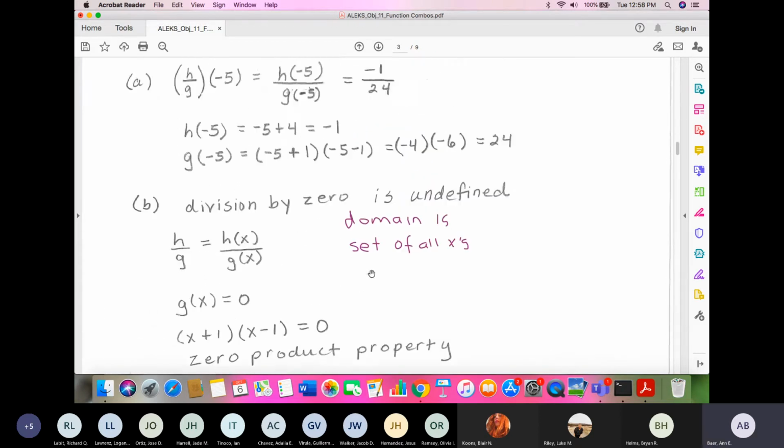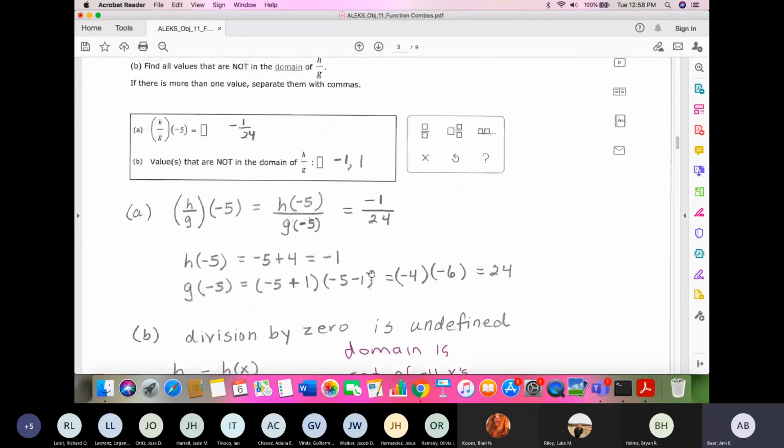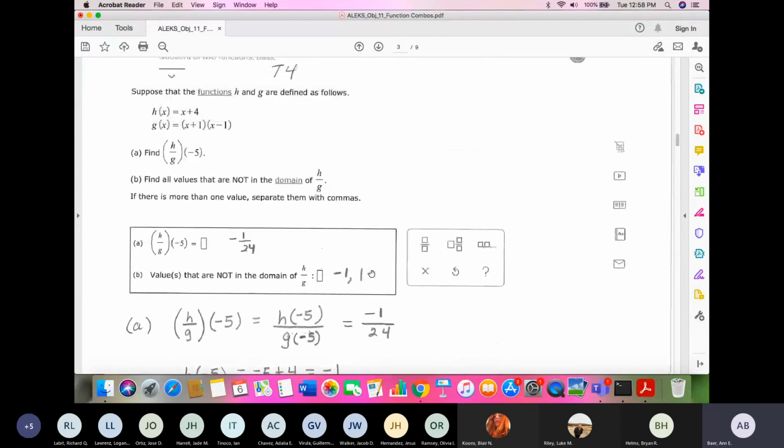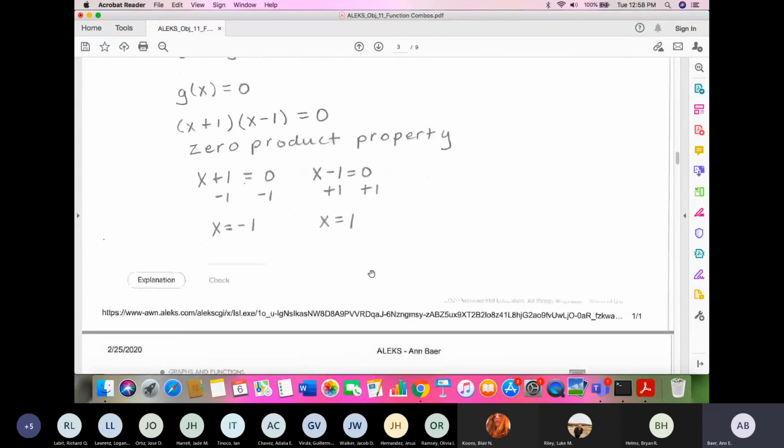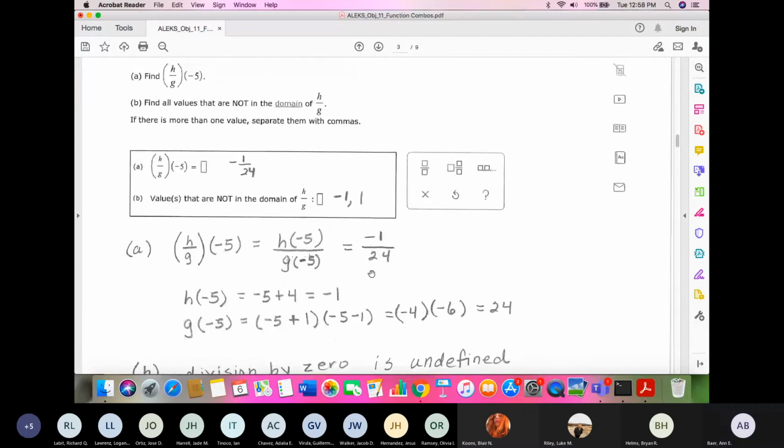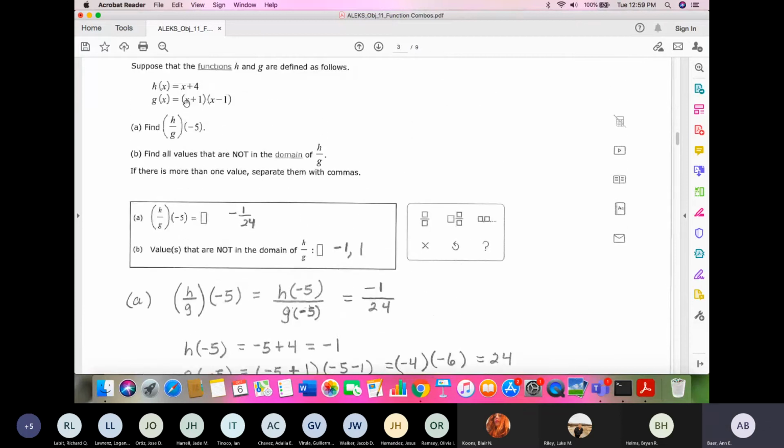Now, it's probably a very good idea that you go back and check this. We got x equals -1 first. What if I check -1 in the g function up here? Will that entire g function be 0 is the question. If we put -1 in here, -1 plus 1 is 0. 0 times whatever this turns out to be is going to be 0.